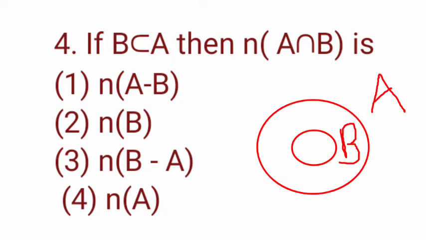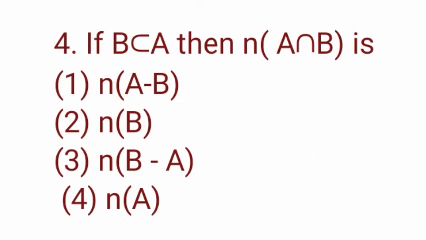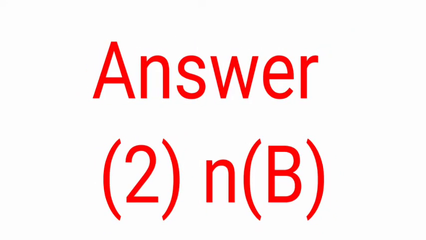This is the B subset of A Venn diagram. Here A intersection B is only B. Therefore, n of A intersection B, the answer is option 2, n of B.